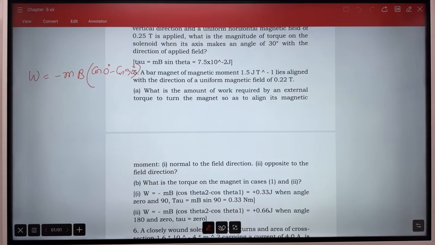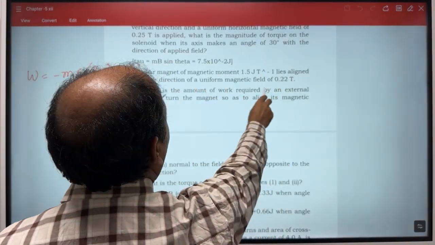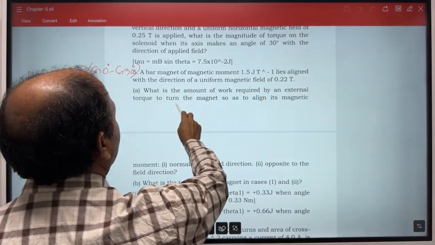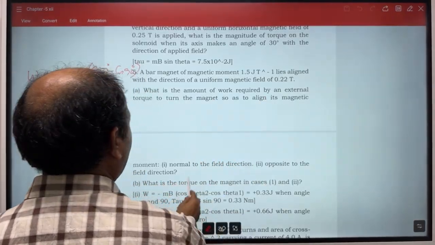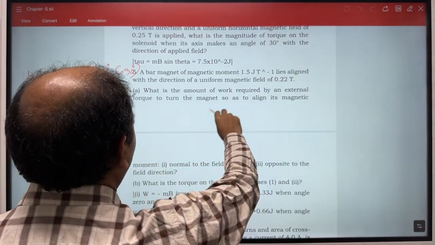So cos 0 degree in the first case, but in our question, it was aligned with the direction of the magnetic field. So we evaluate the two cases and then we find the difference, right? So it will be MB sine 90 degree, and we are calculating it, so it's okay, correct?